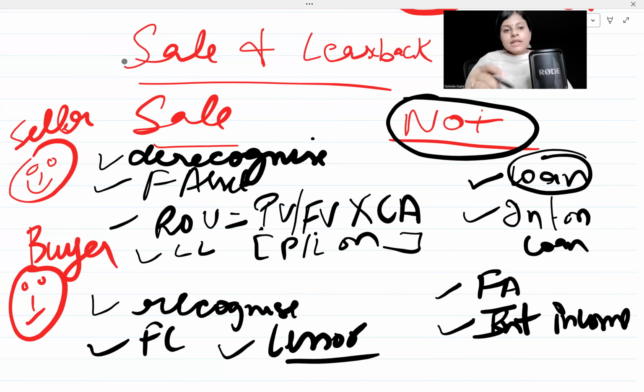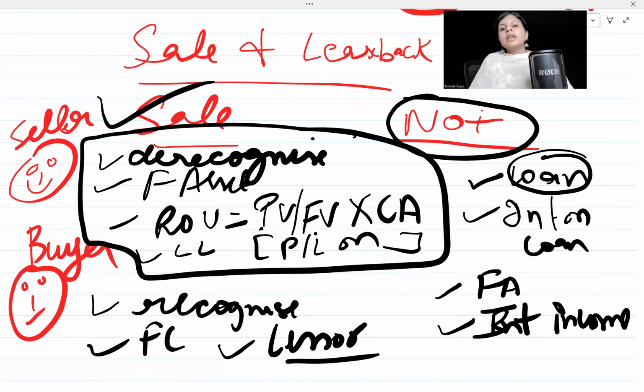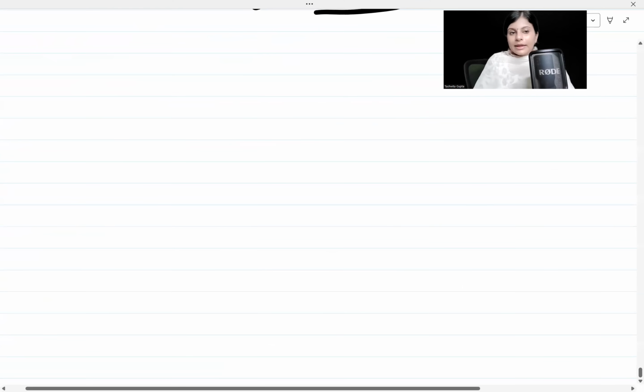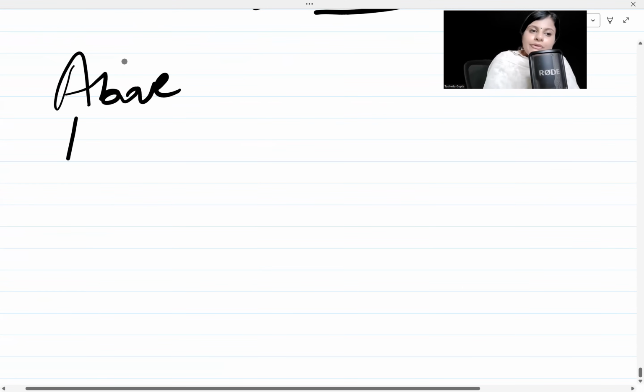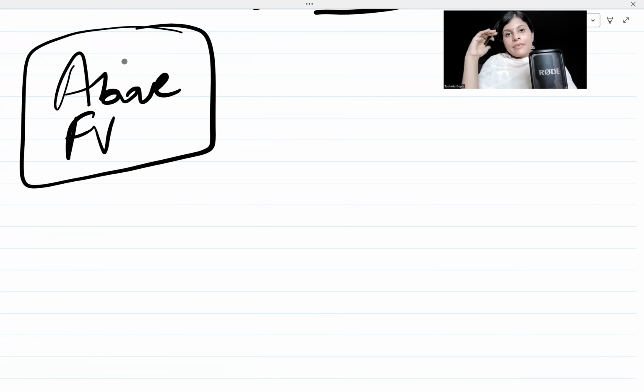Lastly, if this transfer is a sale, this is what I assume when transfer is at fair value. Now, what if my transfer is not at fair value? If my transfer is above fair value, then I'm going to have a balance created, because my bank will be now debited by more than fair value. So I will have a balance on the credit side.